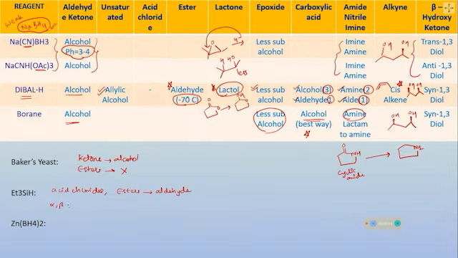Alpha beta unsaturated ketone is reduced to saturated ketone, and also amide is reduced to amine by using triethylsilyl hydride.